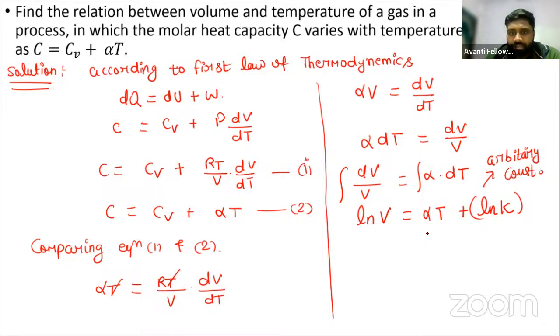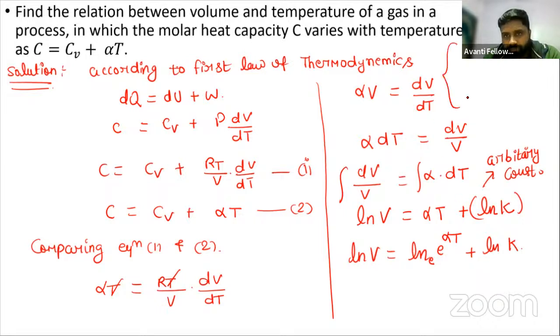Now ln V is equal to, we can write this alpha T as ln e raised to the power alpha T, plus ln k.